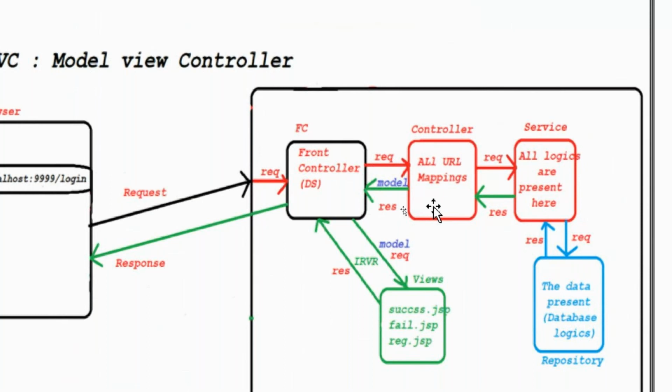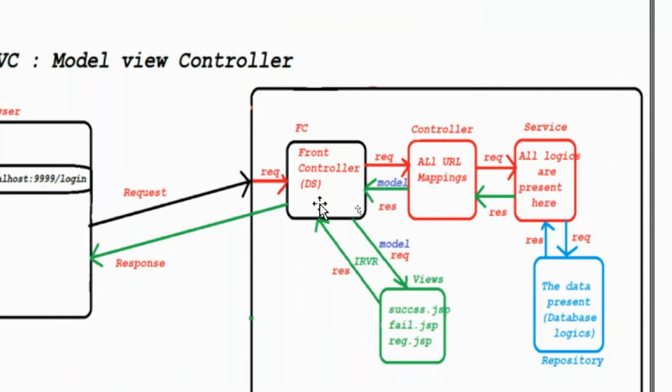Here the service gives some response to the controller, and the controller gives the response back to the front controller, like success. By default, when the controller gives the response back to the front controller, that message is taken as a JSP file view name. The controller is giving the response back to what?